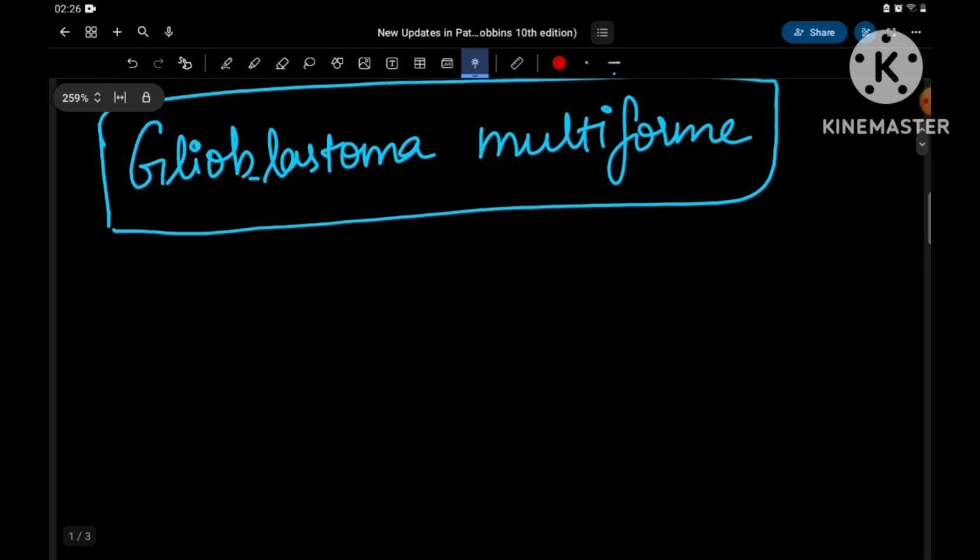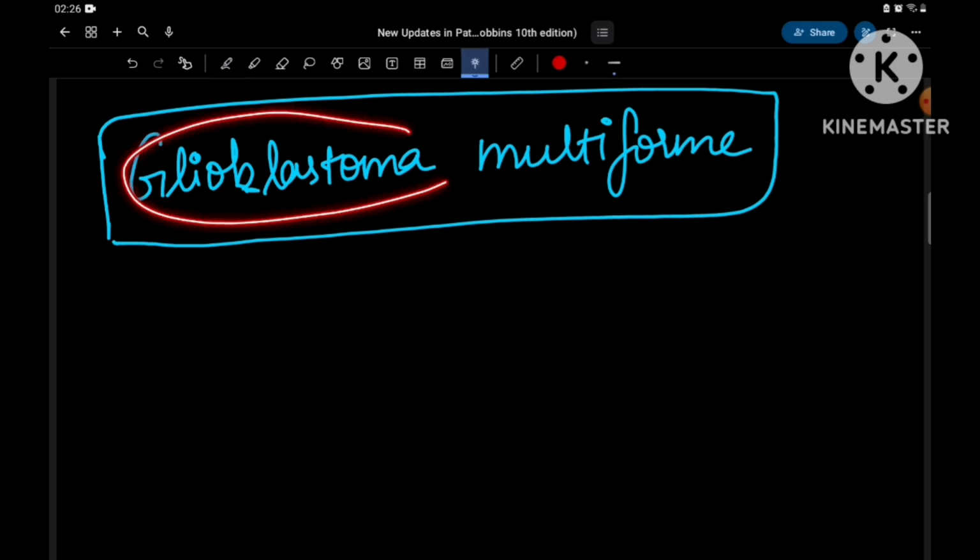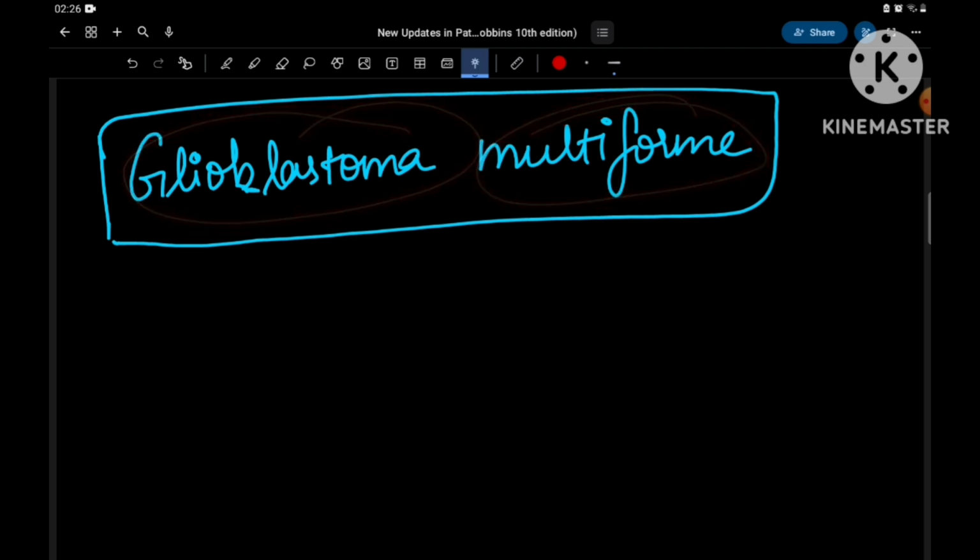Before discussing the update, I just want to brief it. I'm not going to discuss it in detail. As you see, the name itself might scare you because it's quite long, and the word multi has come.